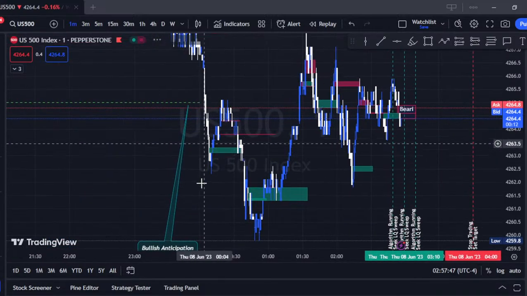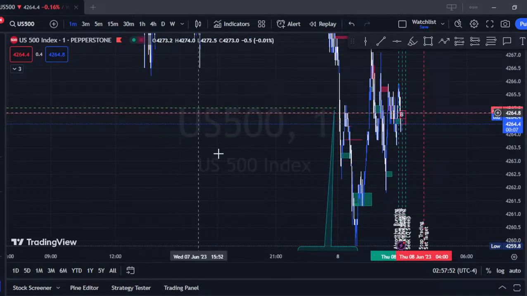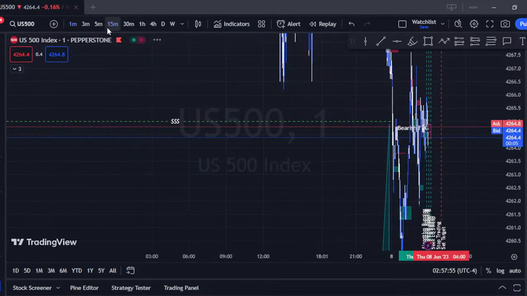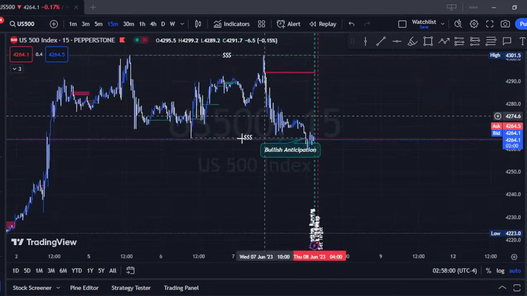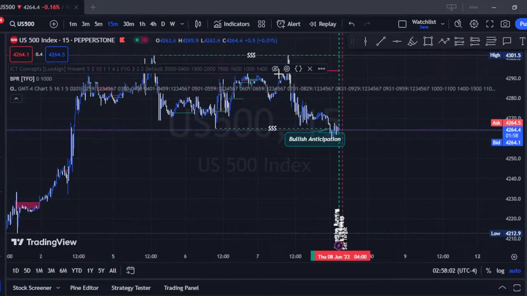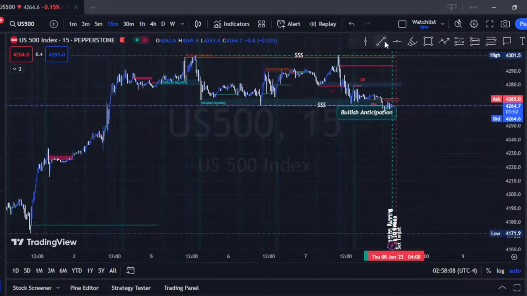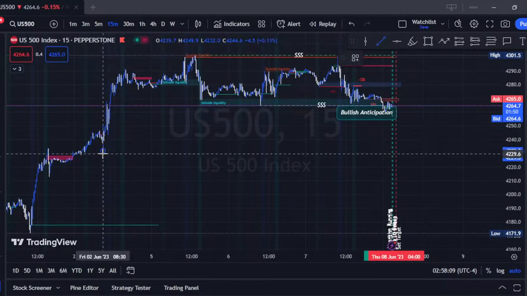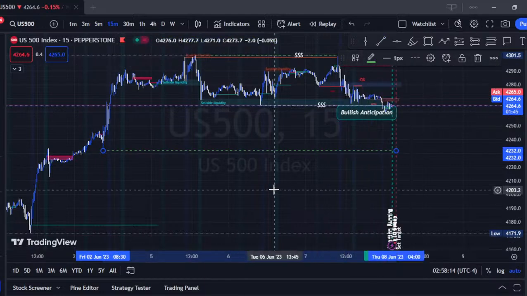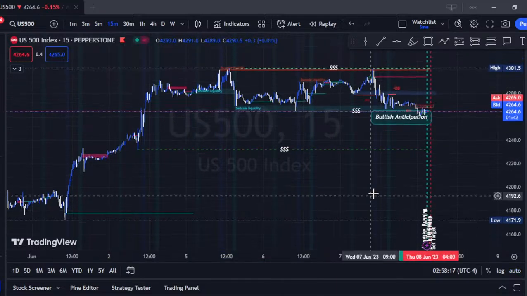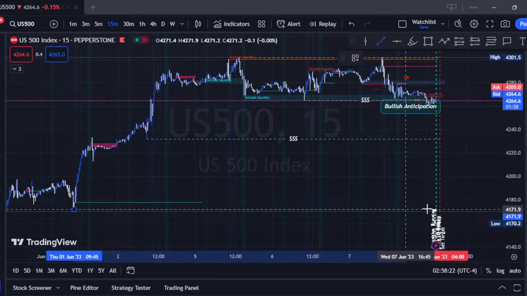Why I'm taking the buy anticipation is because we did liquidate this level right here. The next level that will be concerning is this one on 4232, and there's a sell side way below here on 4171.